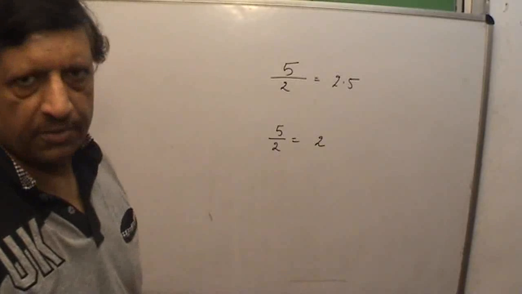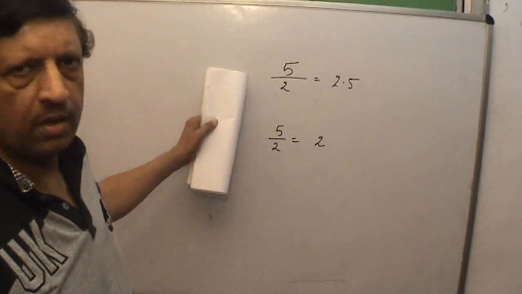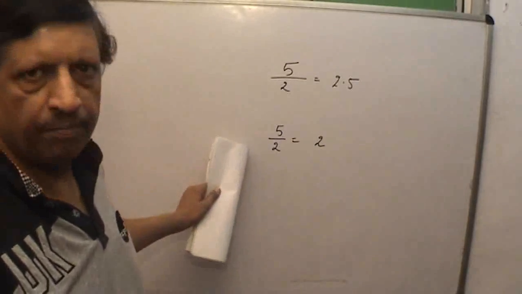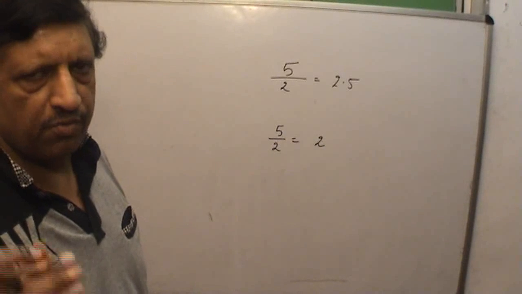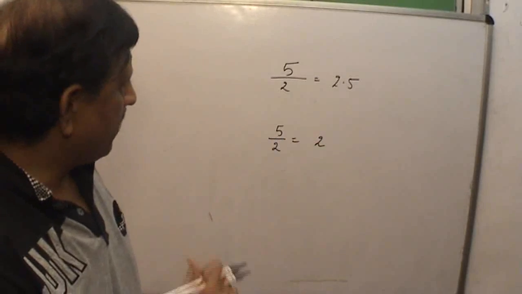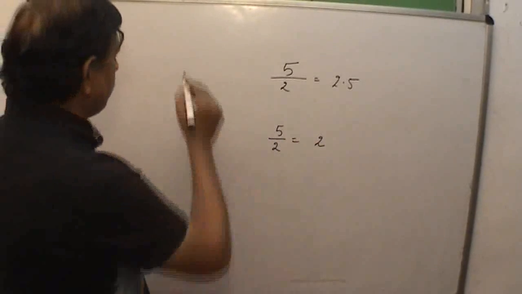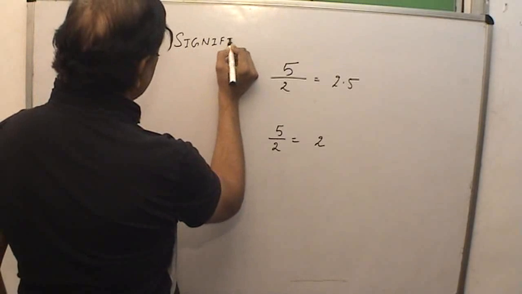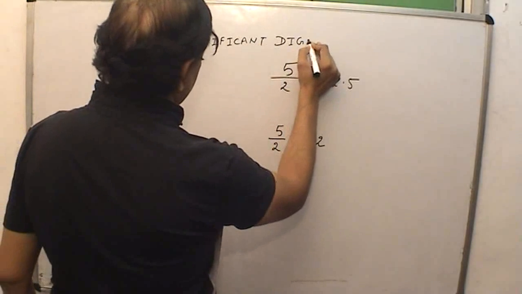And what is the difference? It is the difference between our arithmetic and the computer arithmetic. Then how to synchronize both concepts so that the computer says the same thing? For that, we consider the significant digits or figures.